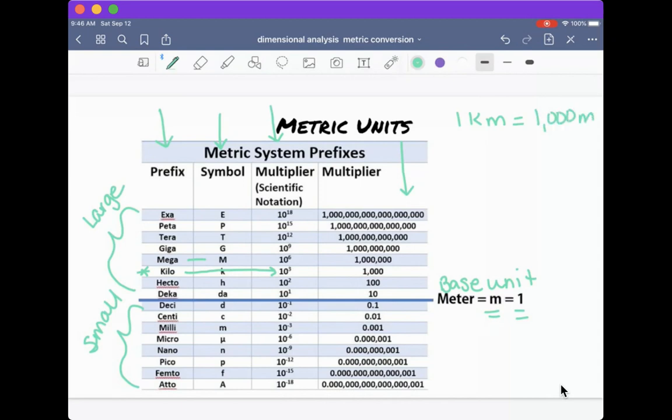So your multiplier is always representing how many of the base unit fit into that prefix, okay? So I could do the same thing here with micro. So if I look here, let's say we're looking at the gram, I can see that 1 microgram is equal to 10 to the negative 6 grams, okay?